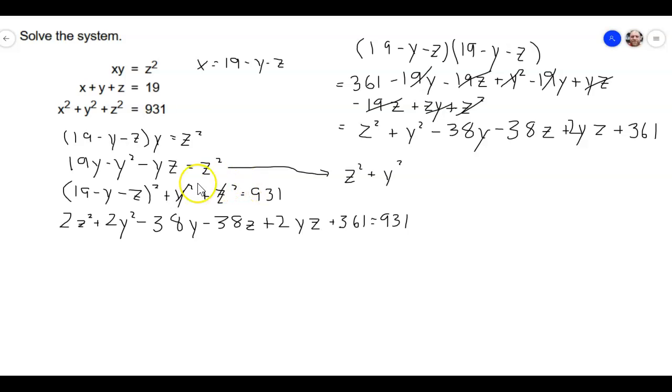Then I'm going to take the positive 19y and move it over to the other side, make it negative, minus 19y. I'm going to show you why I'm doing this in a second. So I got the y, and do I want that too? Yes, the yz. I'm going to take that minus yz and add it to both sides, so I'm going to make it positive as well.